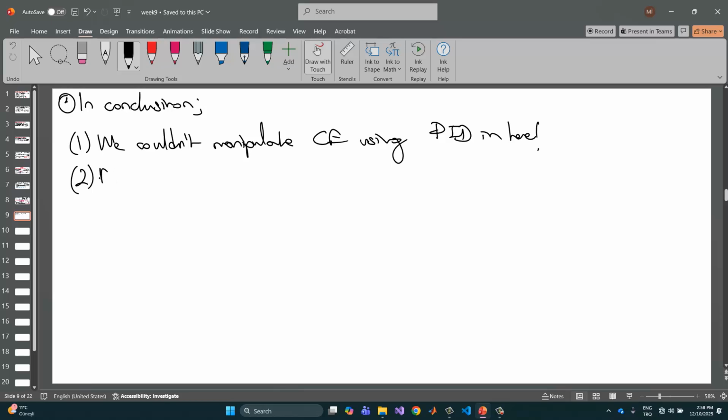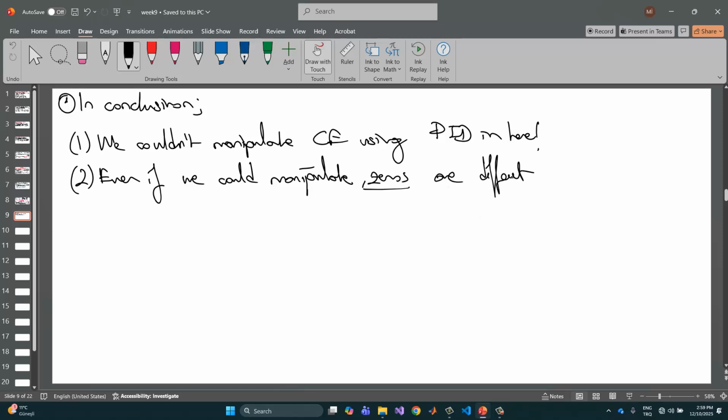Even if we could manipulate the zeros, what are the zeros? The roots of the numerator are different from the system, right?